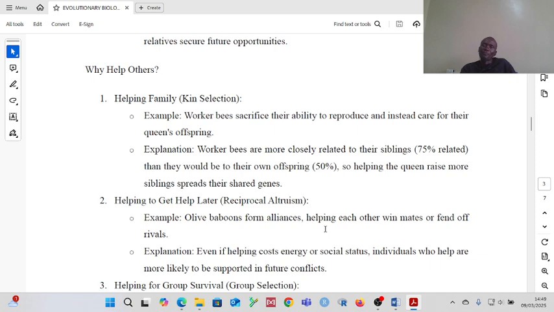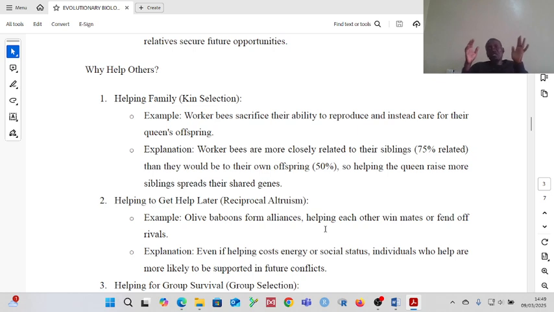Okay. So by helping the queen, by raising the queen's offspring, in essence, they also end up helping to spread the genes that they share, the genes that are common between the worker bees and this queen. So there is spreading of the shared genes in that case.